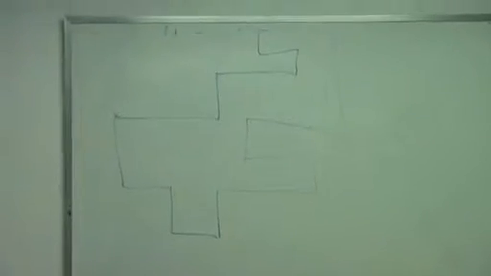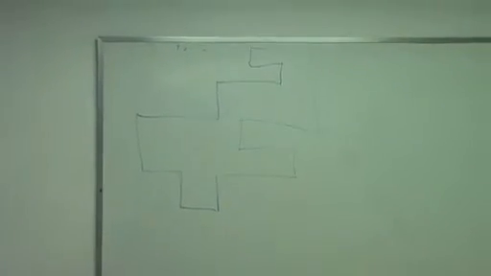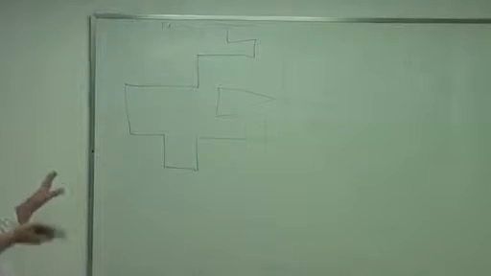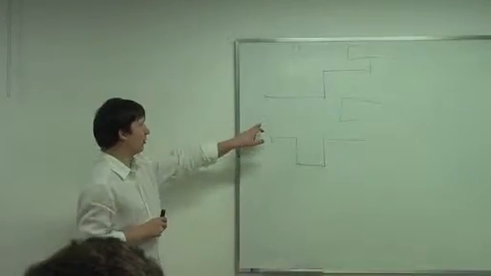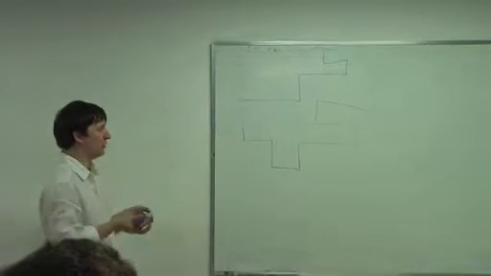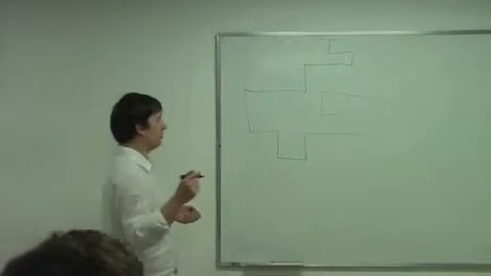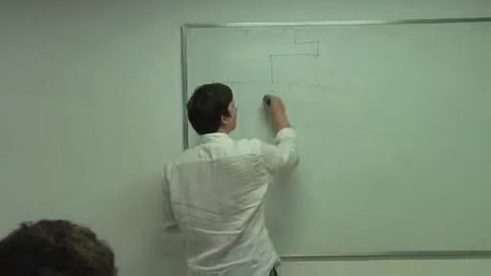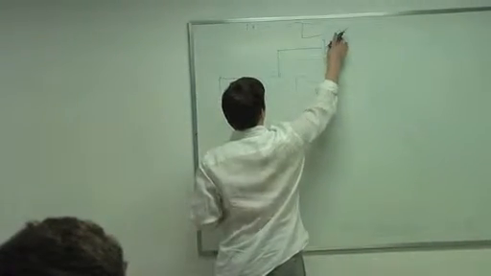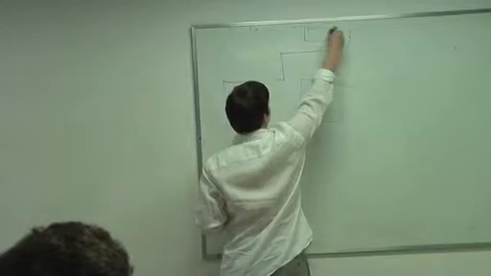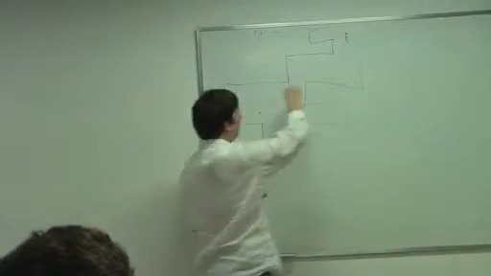And you should find the shortest path in this polygon from anywhere to anywhere, but such that every point of the polygon is visible from at least one point in this path. So for example, here if we go like this, then every point will be visible from some point of this path. This point is visible from here, so the guard that walks along the path can see all the points at some point of this path.